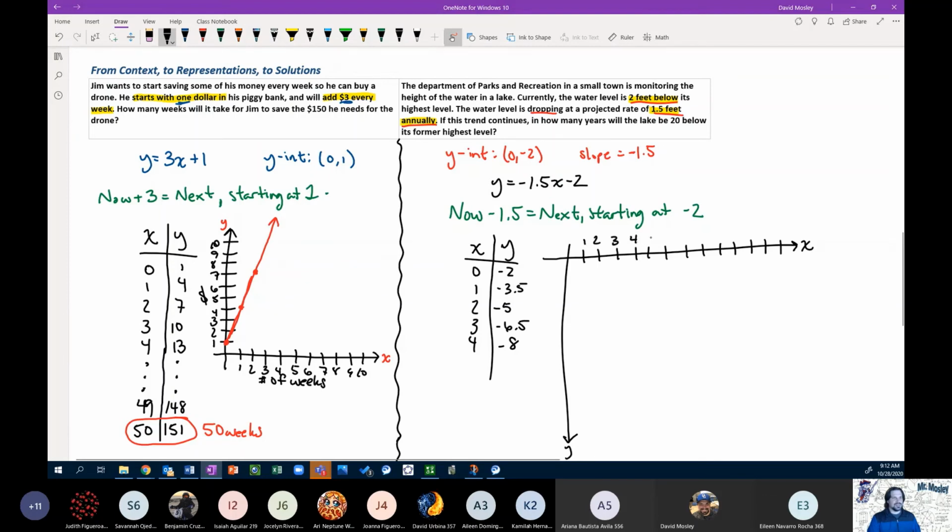I'm going positive in time, but I'm going negative with the other direction in y, because this is the height of the water.